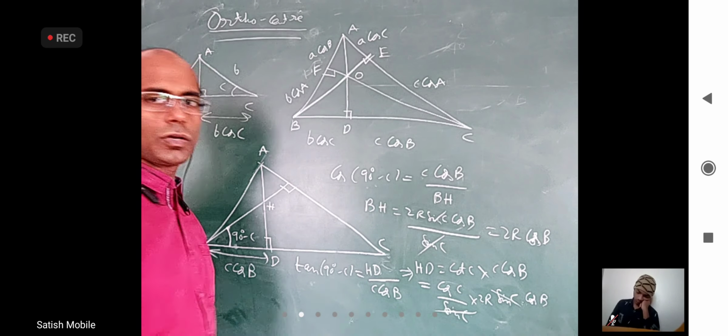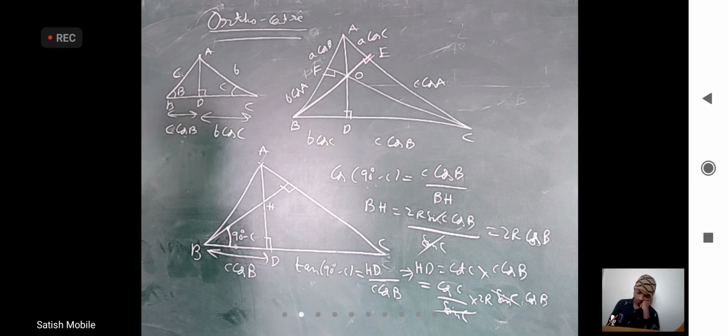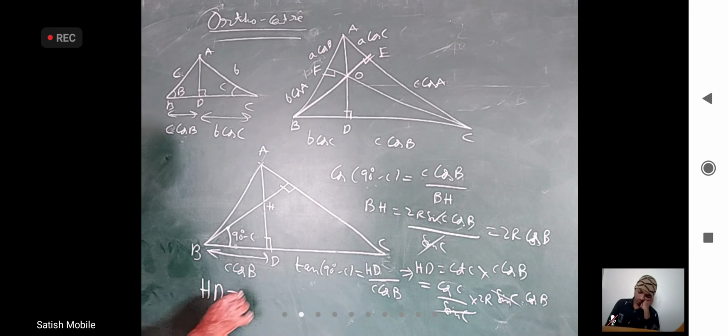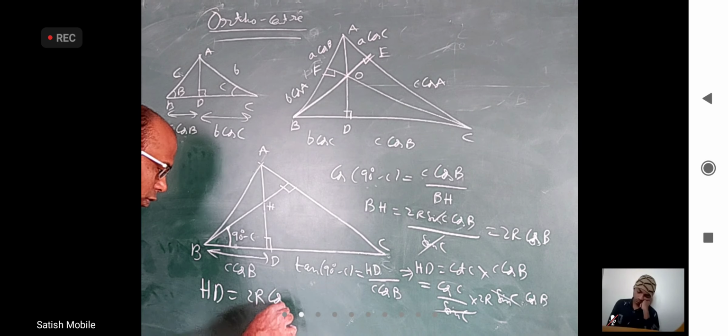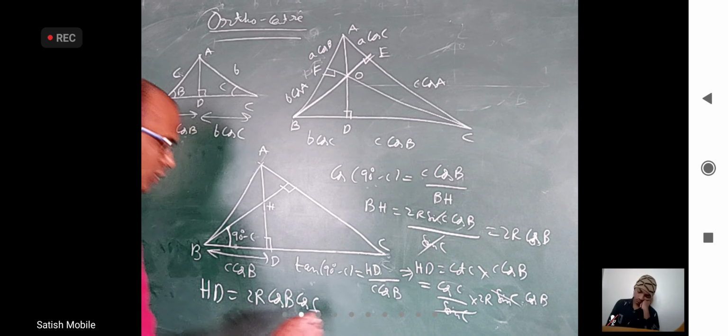You will get 2r cos B cos C. So finally you are getting HD is equal to 2r cos B cos C.